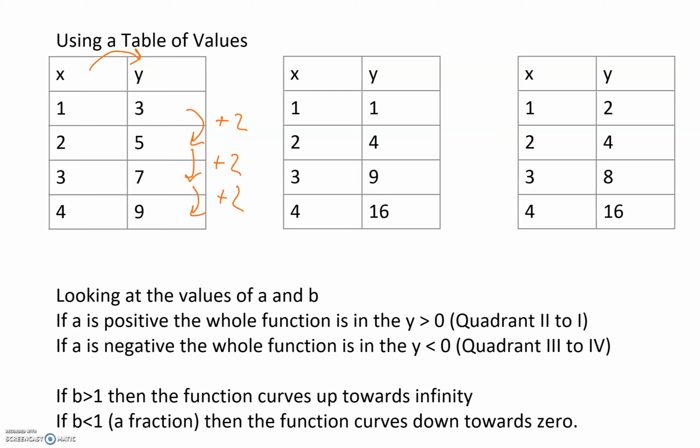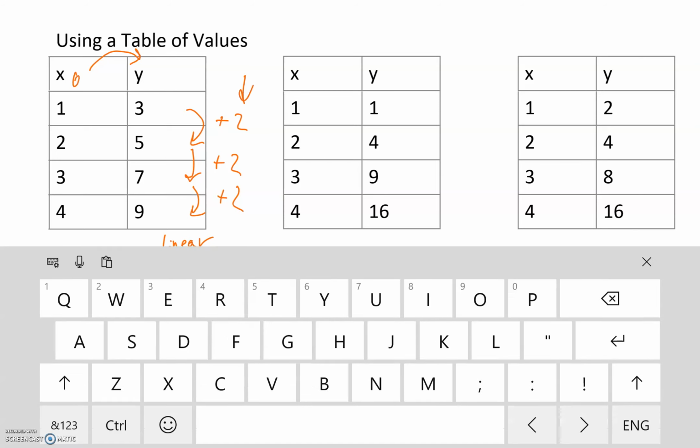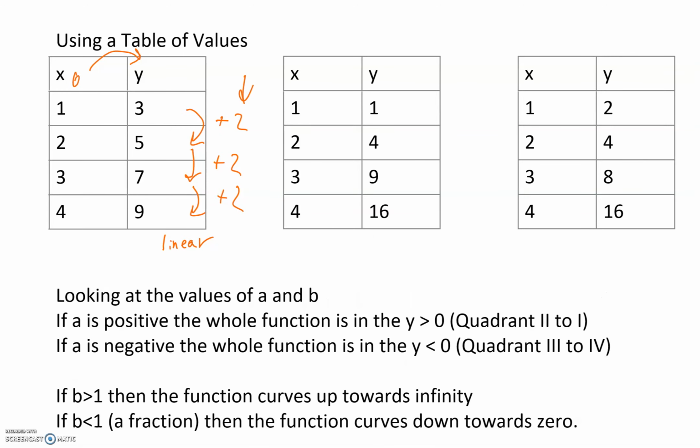If you can see an adding pattern like this, then you have a linear equation. Okay, and if you go to the 0 point, that would be our b value, and this is our m value, if you think about y equals mx plus b. So just interesting. But that is a linear equation.